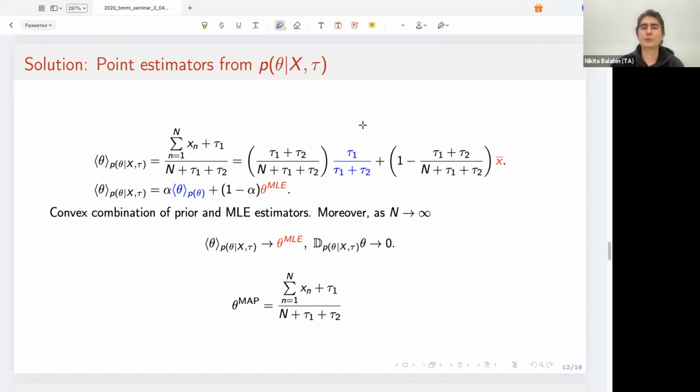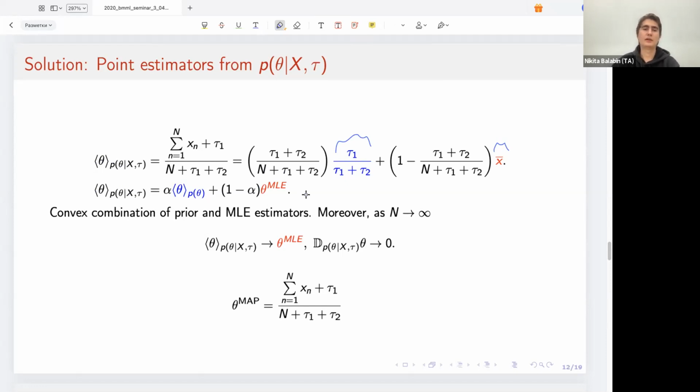What we see is that this is the expected value of parameter theta with respect to the prior distribution, and this term is the maximum likelihood estimation. So we see that our posterior expectation is a convex combination of the prior mean and the maximum likelihood estimation.